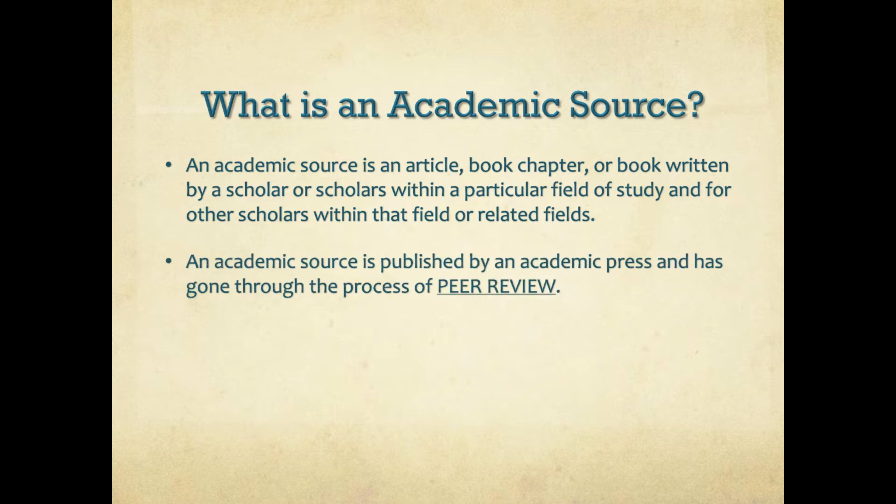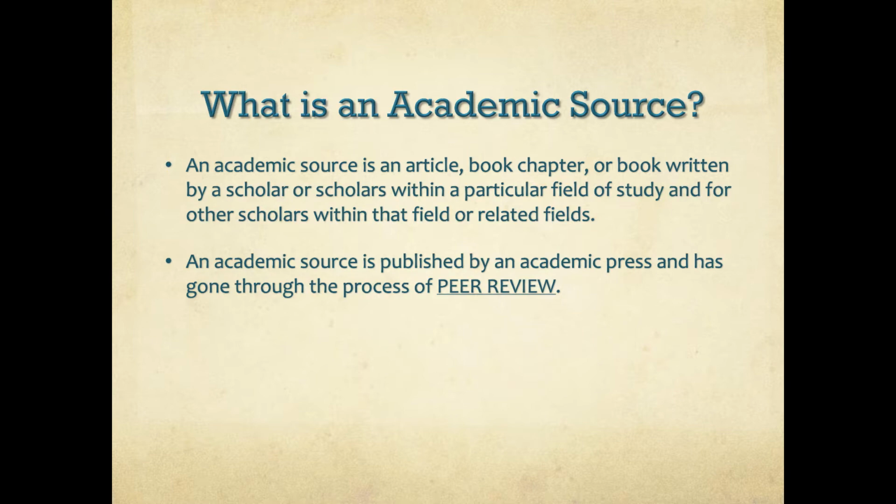An academic source is published by an academic press and has gone through the process of peer review. So peer review is a very important concept. You guys do peer review in your classes where your peers look at what you've written and give you feedback. Now, when we're talking about academic publication, where scholars are trying to publish their materials, their peers are other scholars.